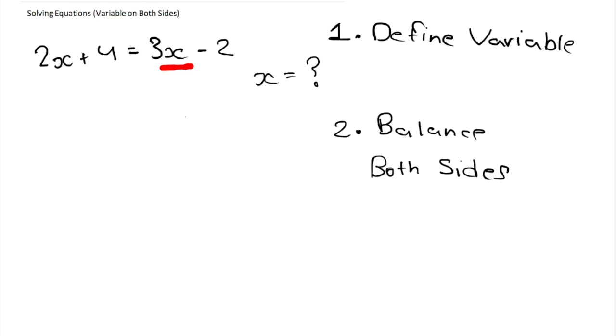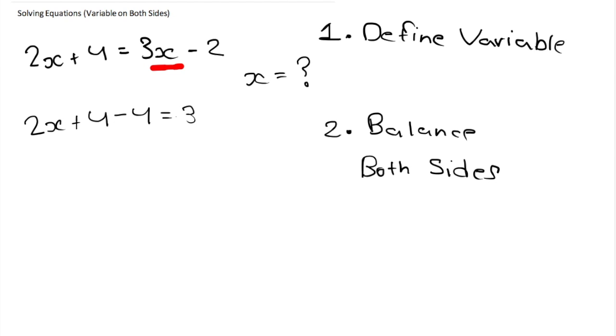Since our main goal is to isolate for x, we're going to try and get rid of the plus 4 on this side. We're going to do this by subtracting both sides of the equation, the left side and the right side, by 4. 2x plus 4 minus 4 is equal to 3x minus 2 minus 4.